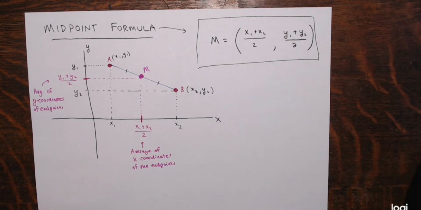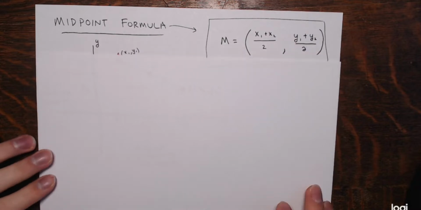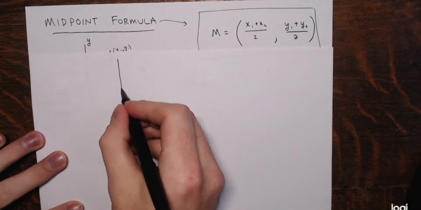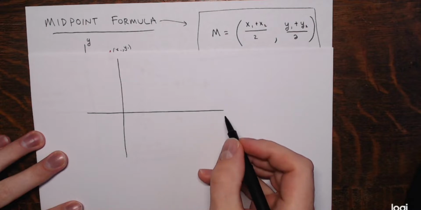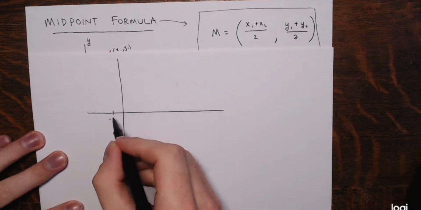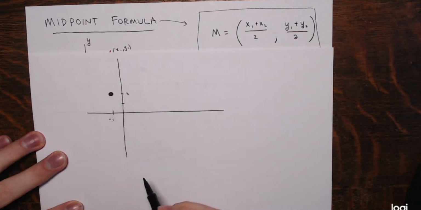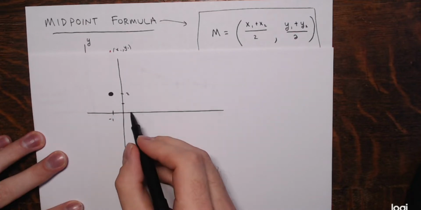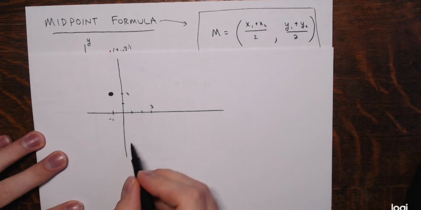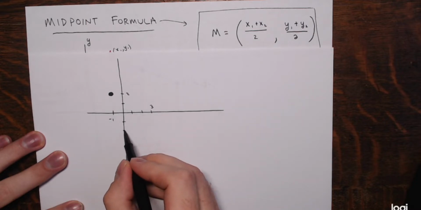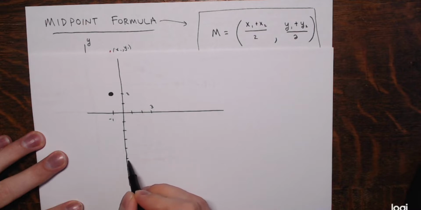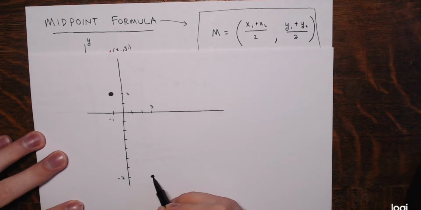Okay, so the example they gave us, the question we're asked to figure out is the following. I'll draw the picture they have. They have negative 1, 2 as one of the endpoints, and then 3, negative 7 as the other end.